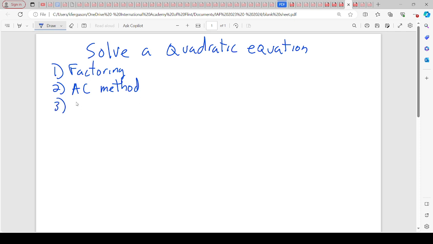The third was the quadratic formula: x equals negative b plus or minus square root of b squared minus 4ac, all over 2a. The last one that we talked about was completing the square.